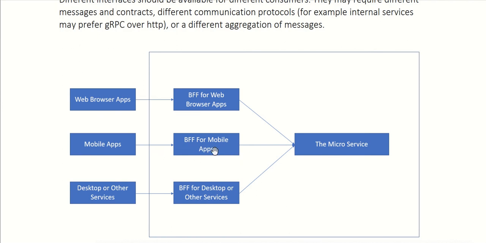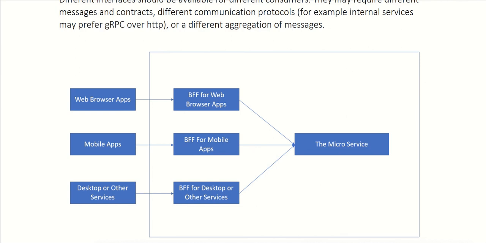Again, it is the responsibility of the BFF to transform the response in such a way that it can be consumed by your end devices, whether it is a web browser based application, a mobile application, or some service. So that is the role of BFFs. This way you are segregating the interface. If I go with the microservice, this is the big fat interface in my scenario.